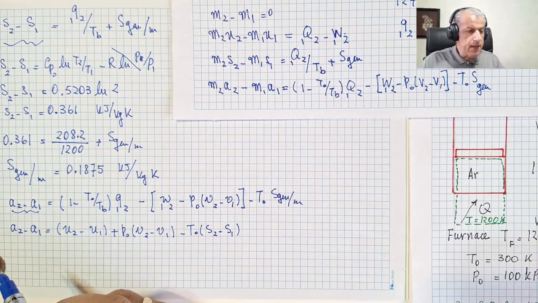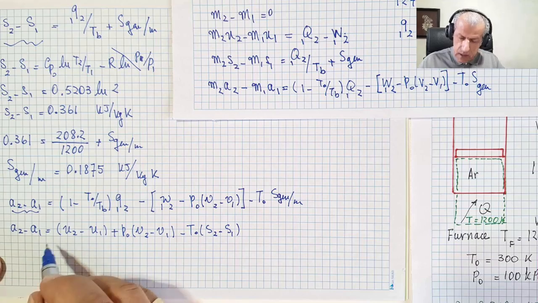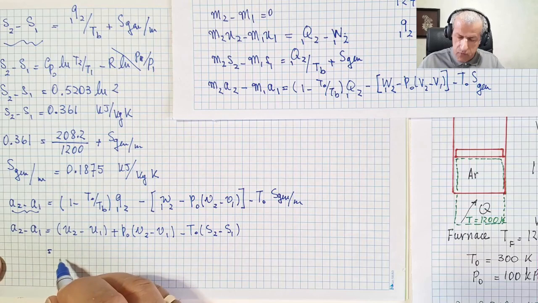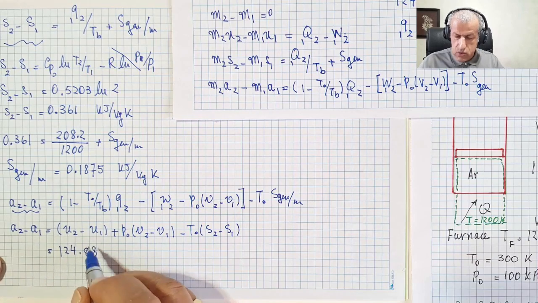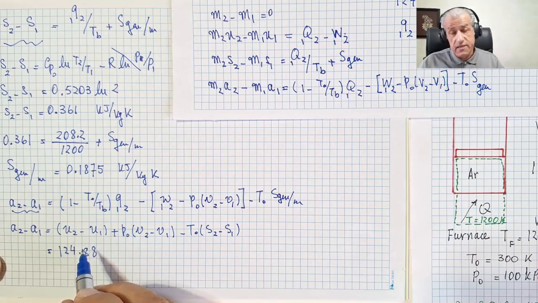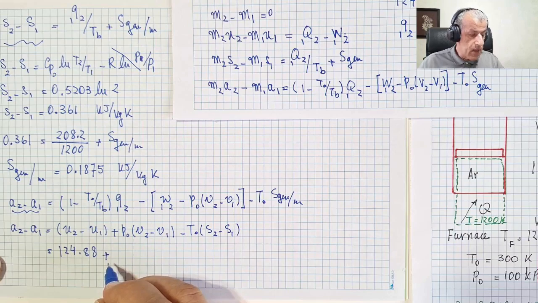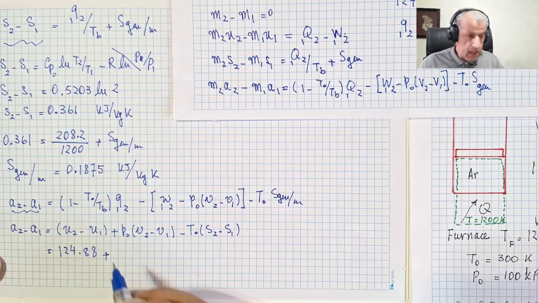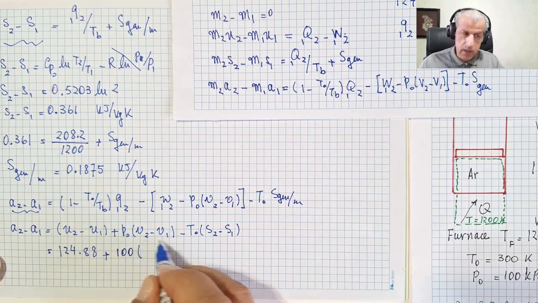And putting numbers to it, this would equal 124.88, which is U2 minus U1, we already calculated from Cv0 times T2 minus T1, plus P0, which is 100, times V2 minus V1.